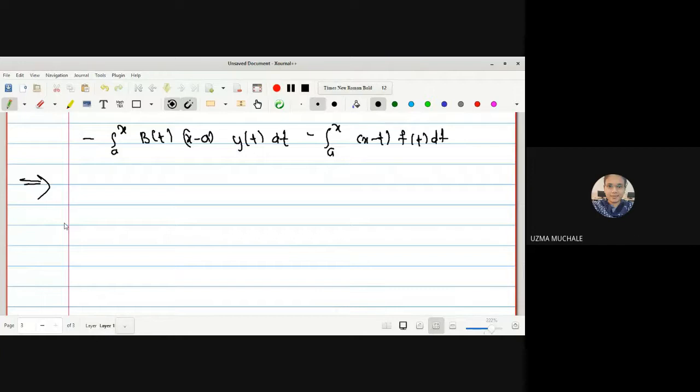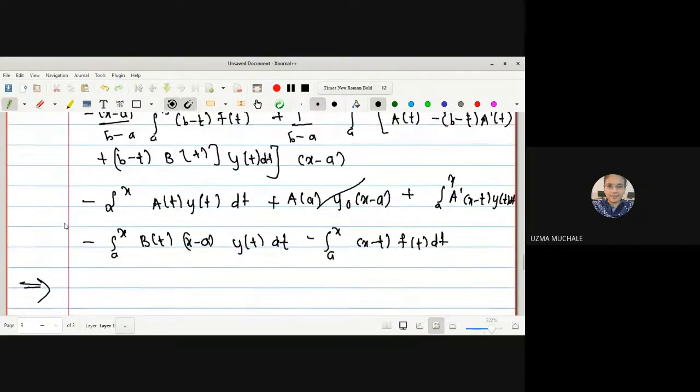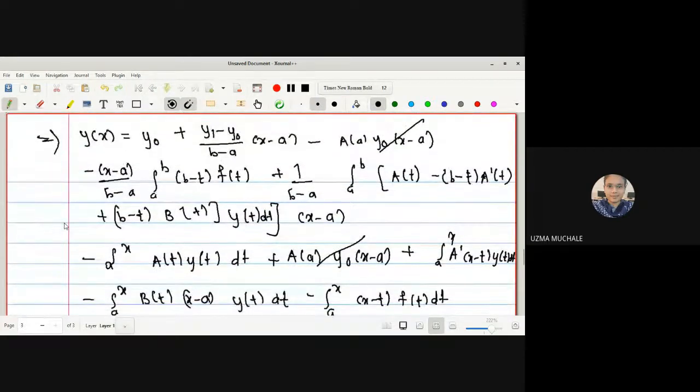Okay, now let me write down all the terms which have the limits of integration a to b, and we'll collect all the terms which have integration with the limits a to x. What are the terms within the limits a to b? These two terms are within the limits a to b, and these three terms are within the limits a to x.